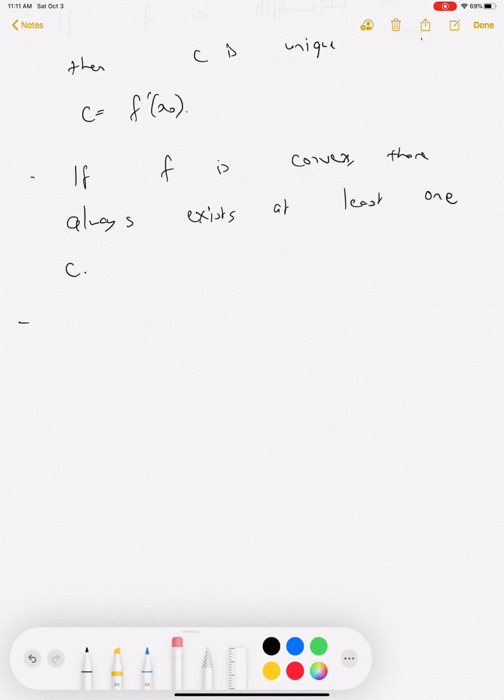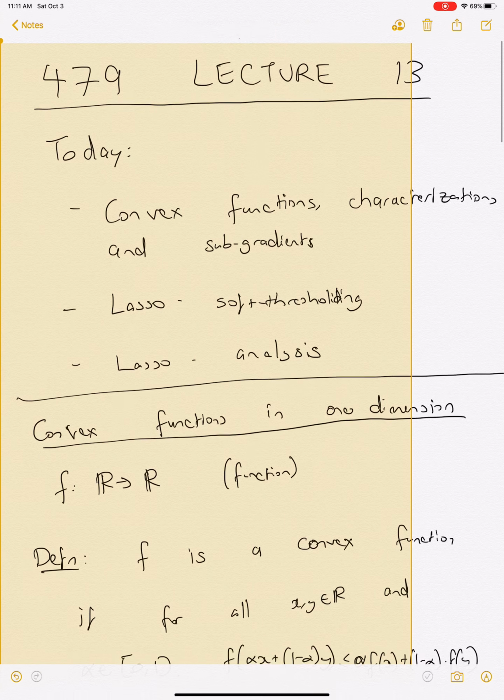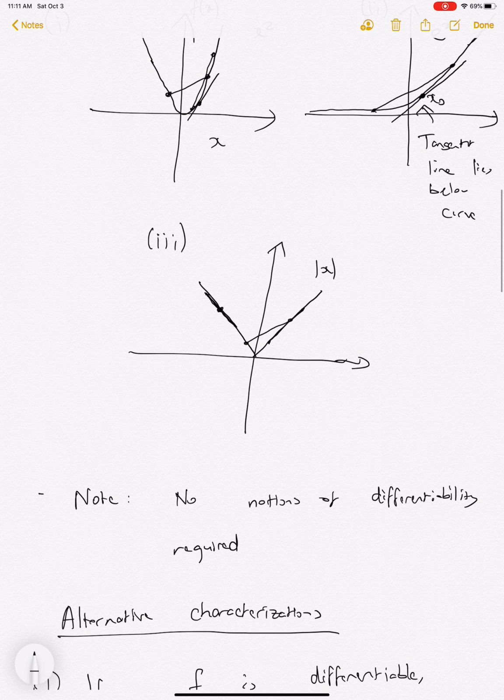I'm just trying to describe in words what's going on, because it's easier to think about both in terms of pictures and words.